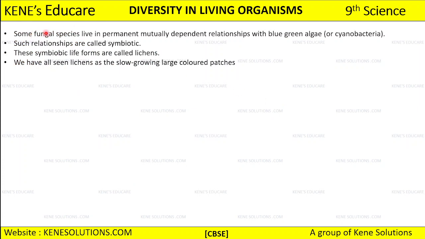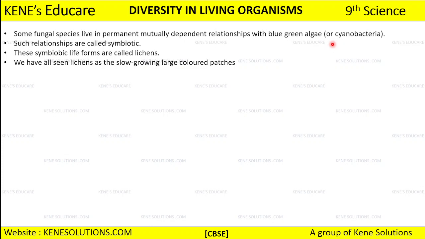See, some fungal species live in a permanent mutually dependent relationship with the blue-green algae, which is also called cyanobacteria. ठीक है, तो कुछ फंगल स्पीशीज परमानेंटली म्यूचुअली डिपेंडेंट होते हैं, they are dependent on blue green algae, which we call cyanobacteria.